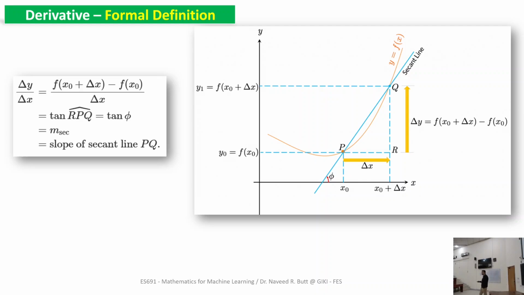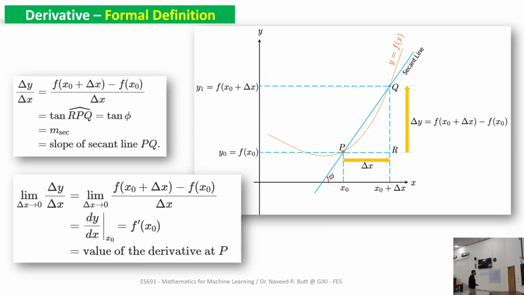It is the tangent of the angle phi that this secant line makes with the x axis. That is of course fine, but then as we apply the limit, and if that limit exists, we call that the derivative of this function at that point, right.